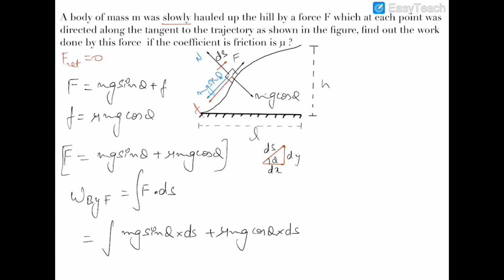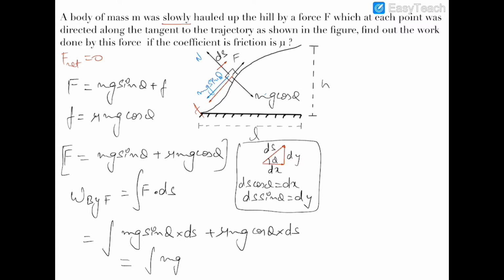So ds cos theta is equal to dx, and ds sin theta is equal to dy. So I can say that this is equal to integration mg ds sin theta, which is dy, mg dy, plus mu mg cos theta ds, which is equal to dx, integration.